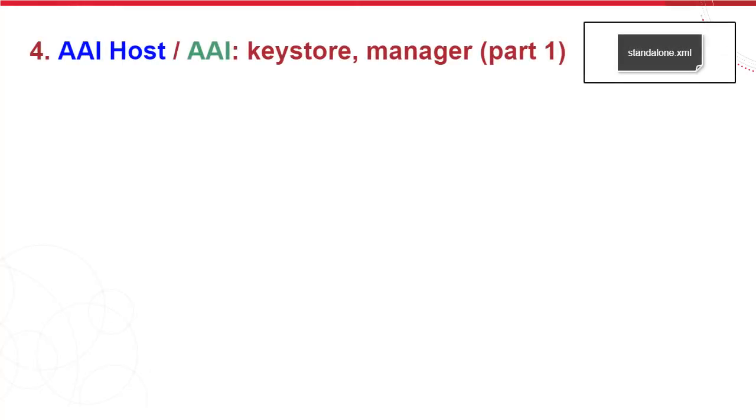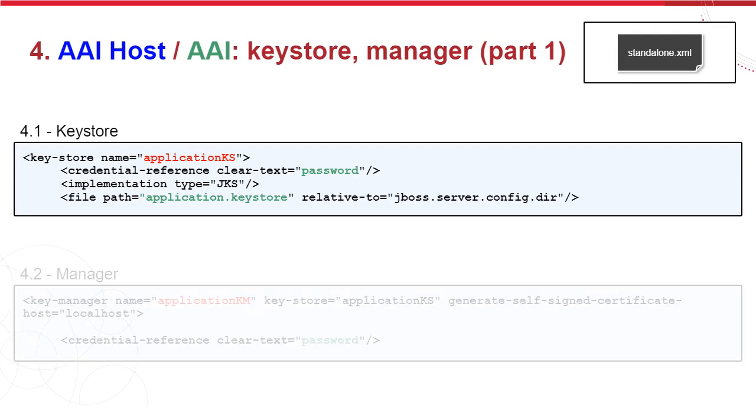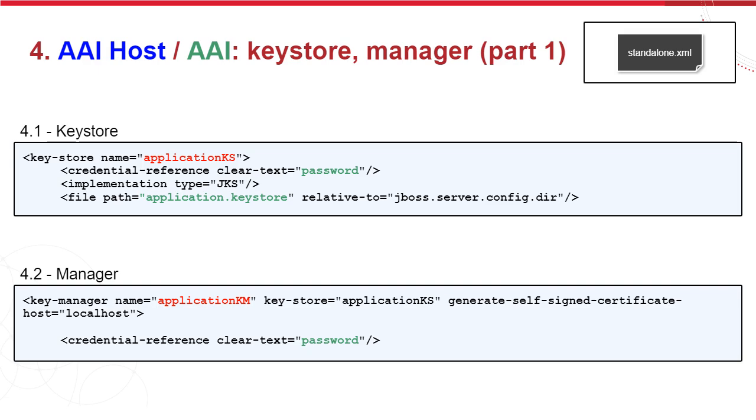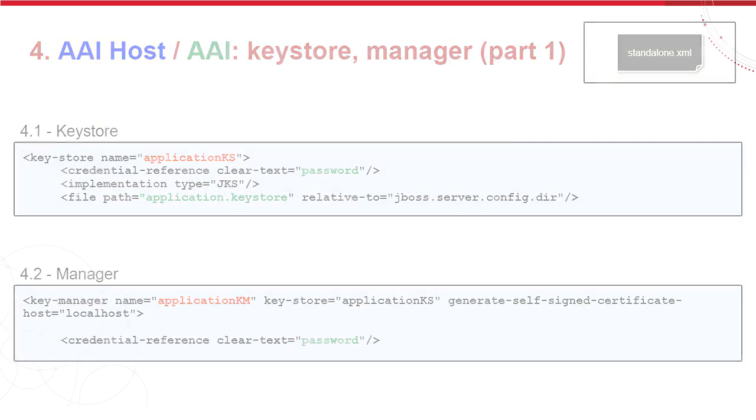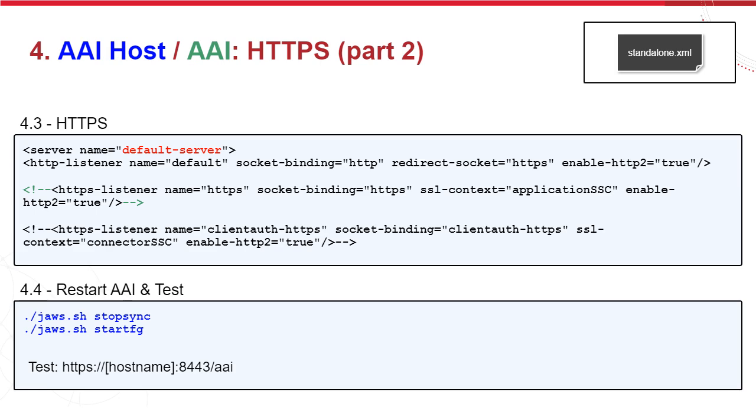In this next step, we update standalone.xml. We set the AAI key store and password, and the matching key manager. We also enable HTTPS for AAI. Then we restart AAI.